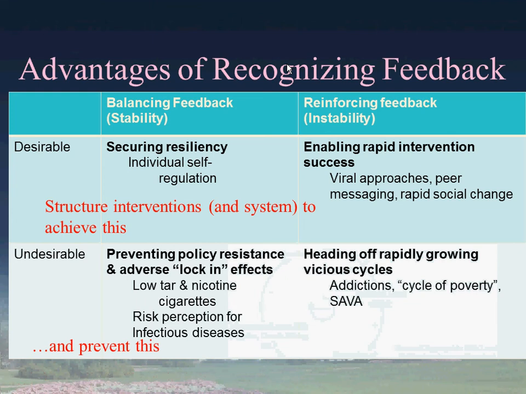A balancing feedback can be very desirable because it secures resiliency. It gives robustness. It means we can go into a wide variety of temperatures, for example, and still be alive, right? So when we were out in that minus 35 degree weather 2 weeks ago or what have you, you may not have felt alive during all of that, but it allows us to live.